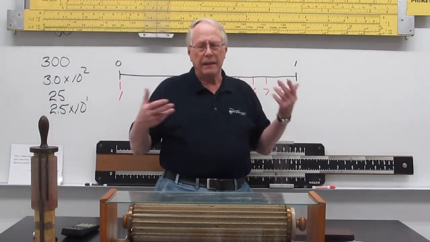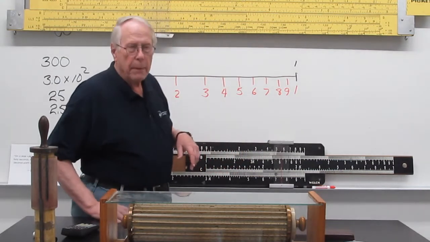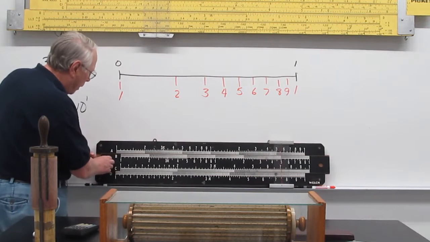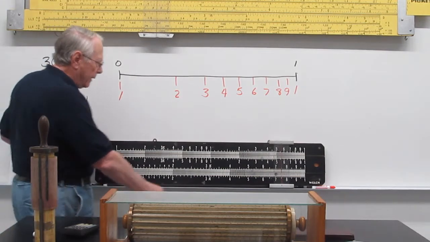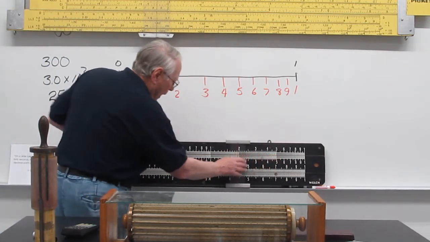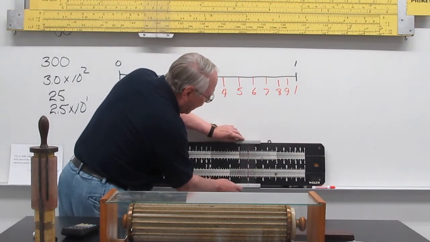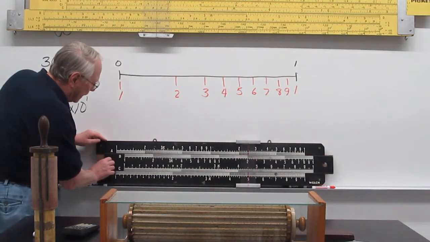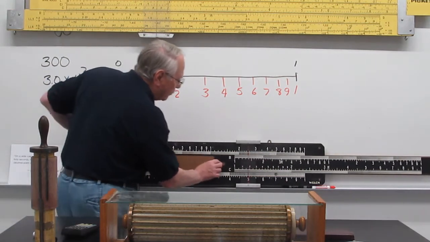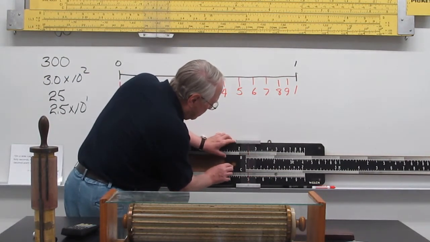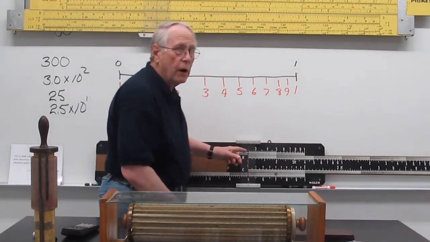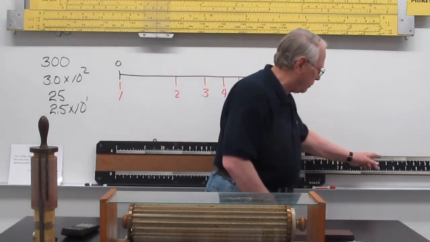Now, let's try another number that may be a little more difficult. What about 5 times 6? Well, we do it basically exactly the same way. We set our cursor on the 5 on the D scale. We put the index on the C scale directly above it, and then we move our cursor to the 6.